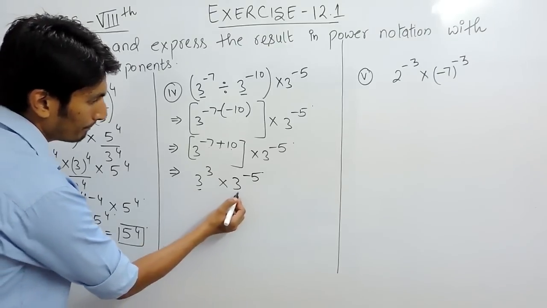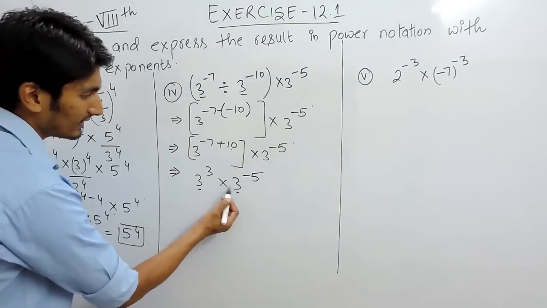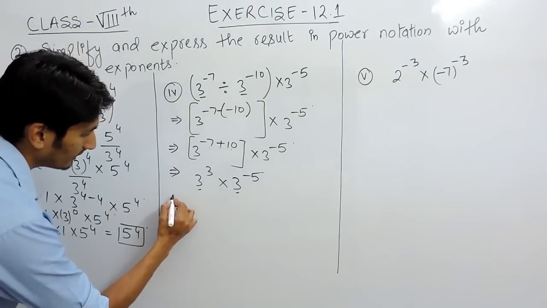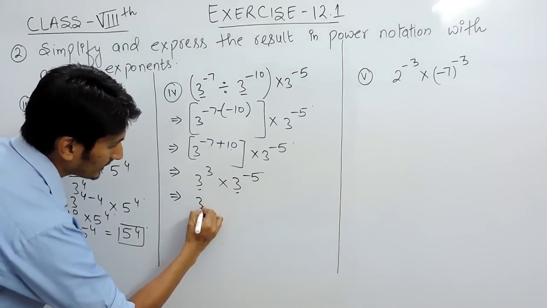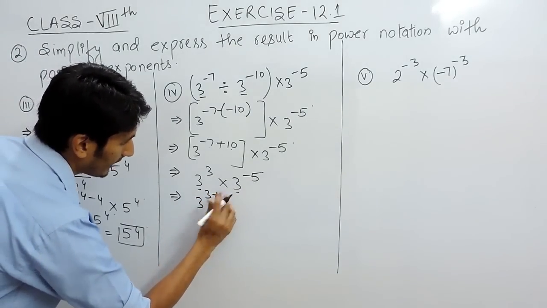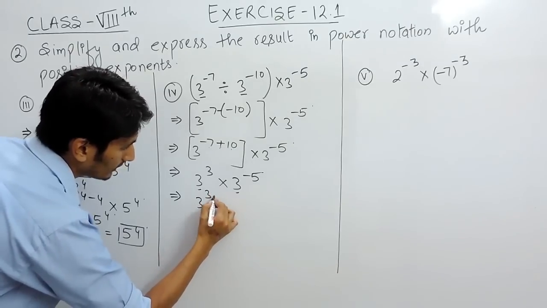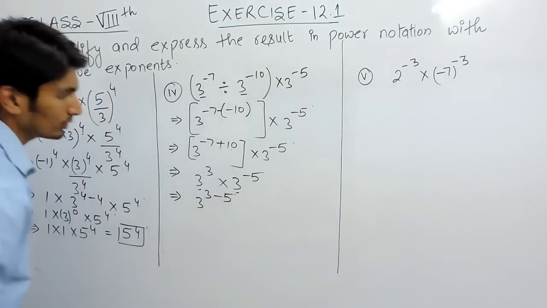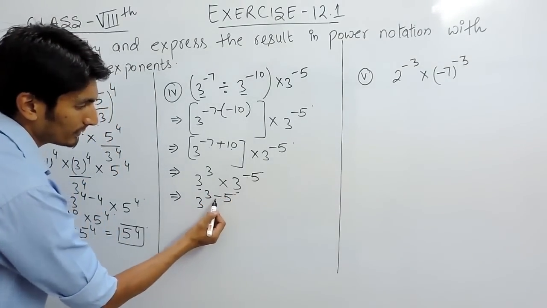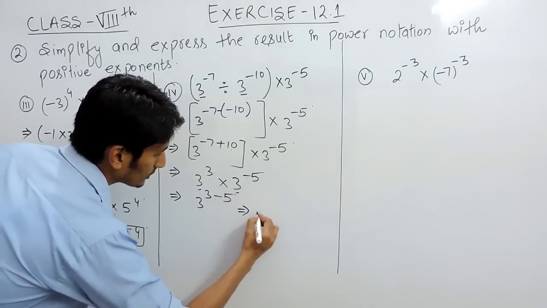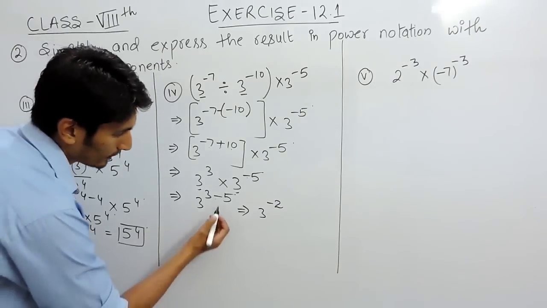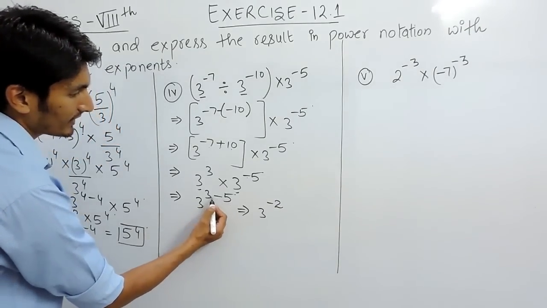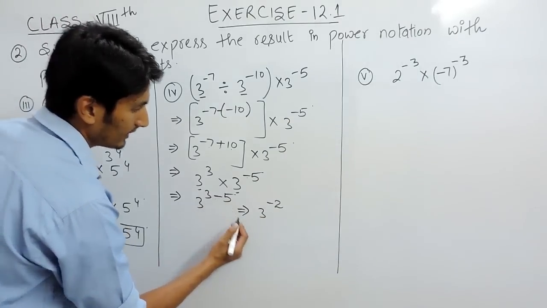Again the bases are the same, but here they are multiplied, and we know that whenever they are multiplied, the powers get added. So we have to add these two numbers, and since one is negative, this will be minus 2, because plus minus is minus, 5 minus 3 is 2 with negative sign.